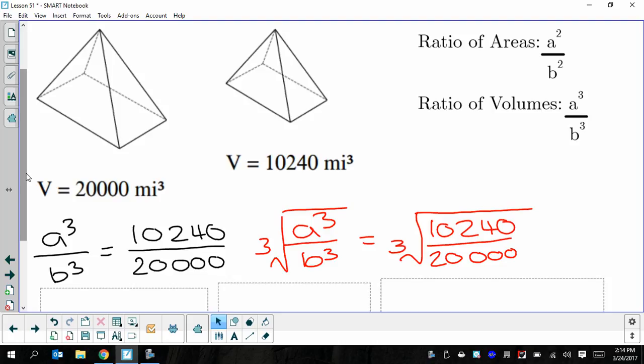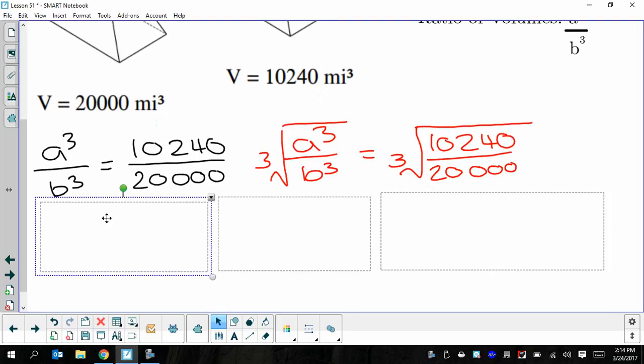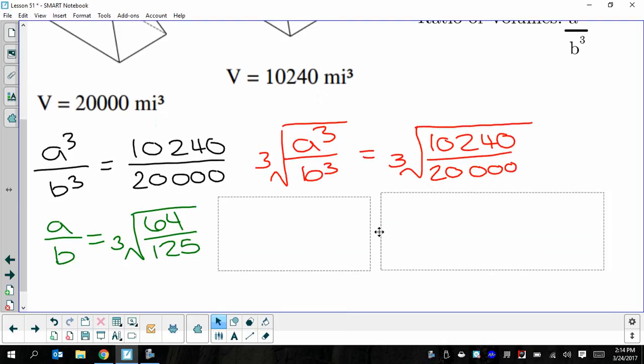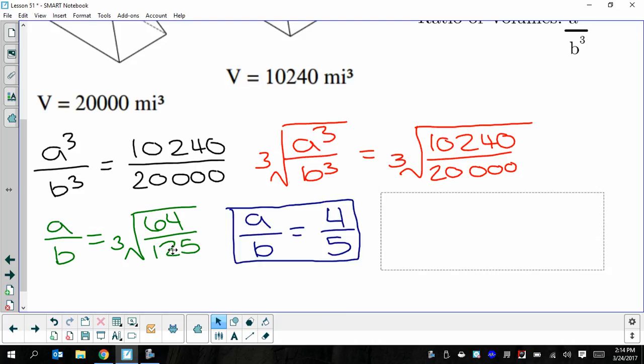So cube root of A cubed over B cubed is just A over B. And then I simplified this 10,240 over 20,000 by putting it in the calculator and then math fracking. I get 64 over 125. The cube root of 64 is 4, and the cube root of 125 is 5, and this is my scale factor. If you don't know how to do that, I can show you in class how to do the cube root on the calculator.